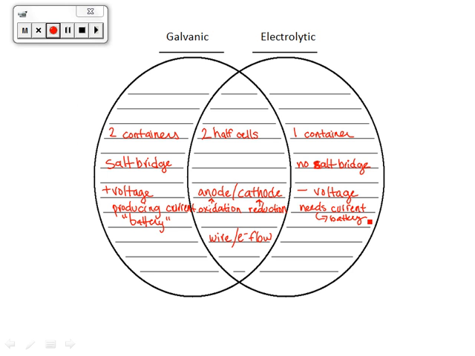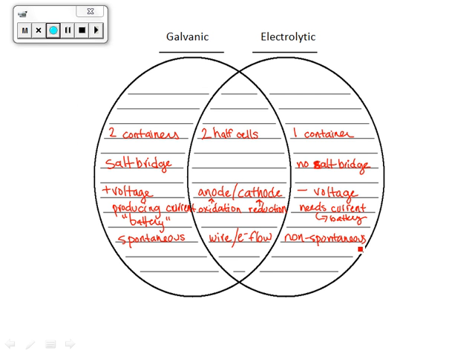Very good. The galvanic, because E is positive, it will be spontaneous. Then the electrolytic is going to be non-spontaneous, and remember we talked about spontaneous occurs without outside force. Non-spontaneous is going to require outside force to make this happen.